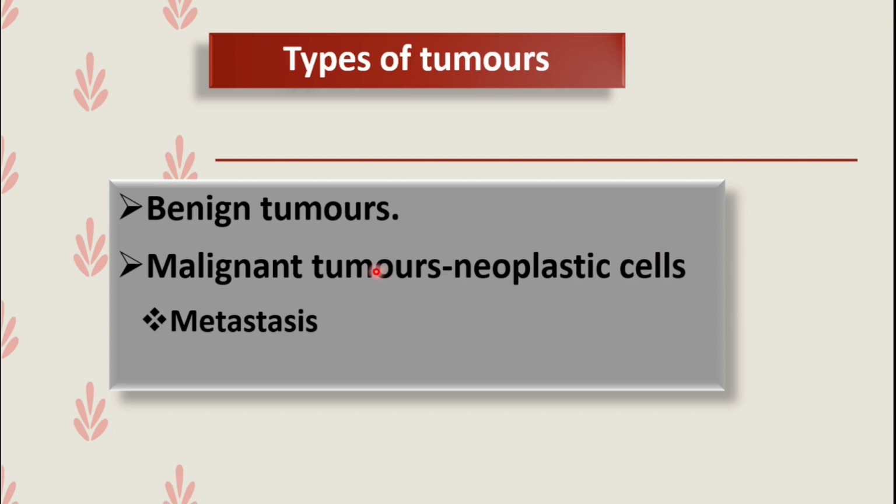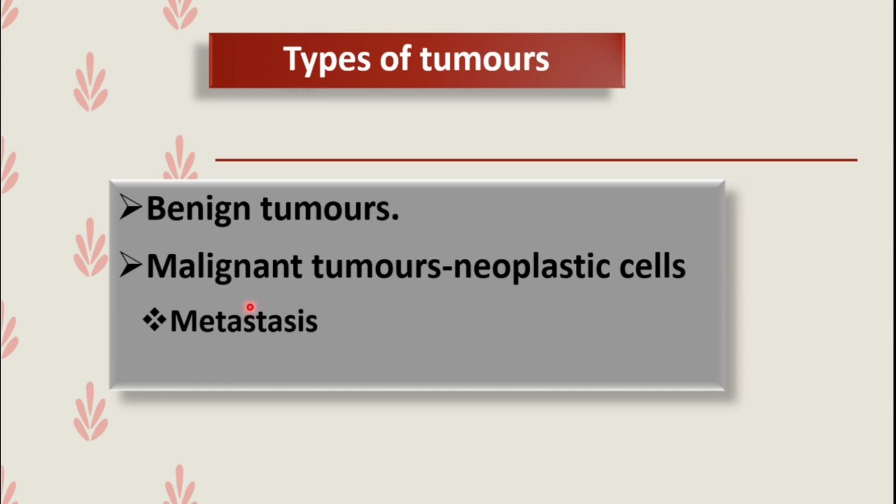Now what happens is these malignant neoplastic cells can proliferate very rapidly and they can invade the normal cells, thus depriving the normal cells of vital nourishment.